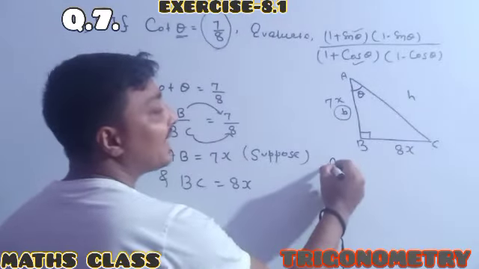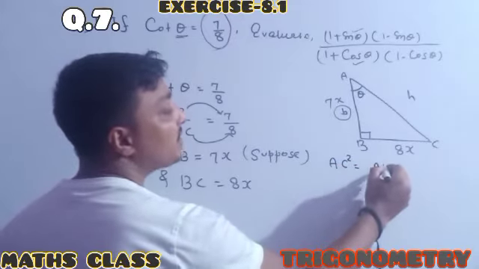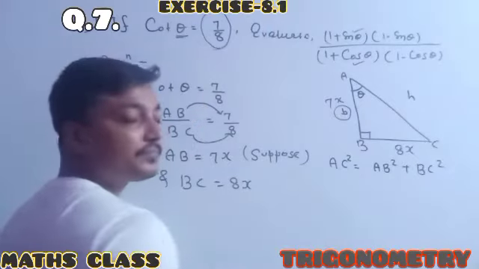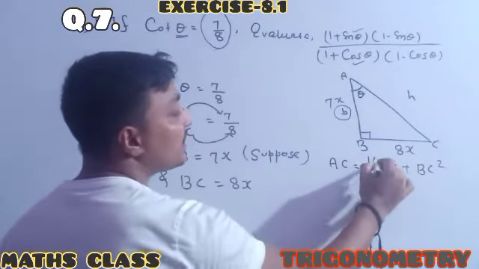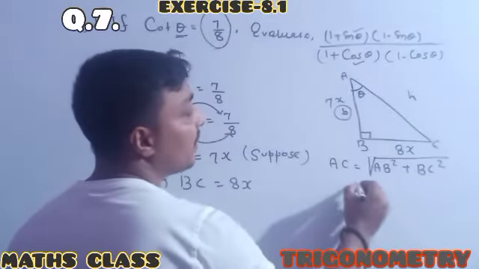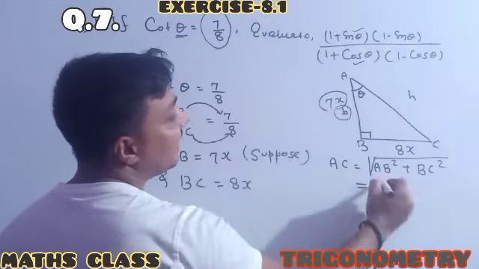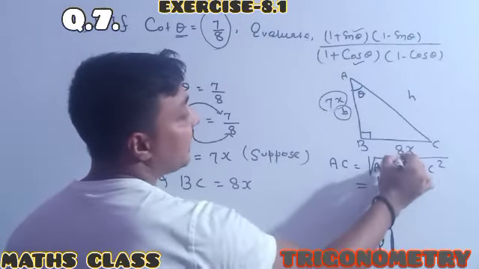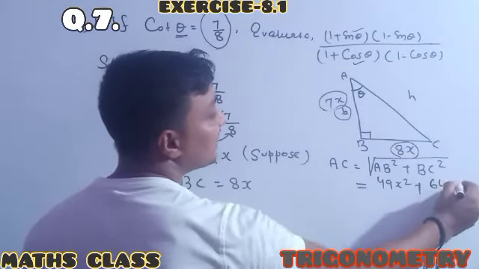So for AC, h square equals p square plus b square, and AC is the root of p square plus b square. P square means AB square, which is 7x whole square, that is 49x square. And here it is 8x whole square, which is 64x square.